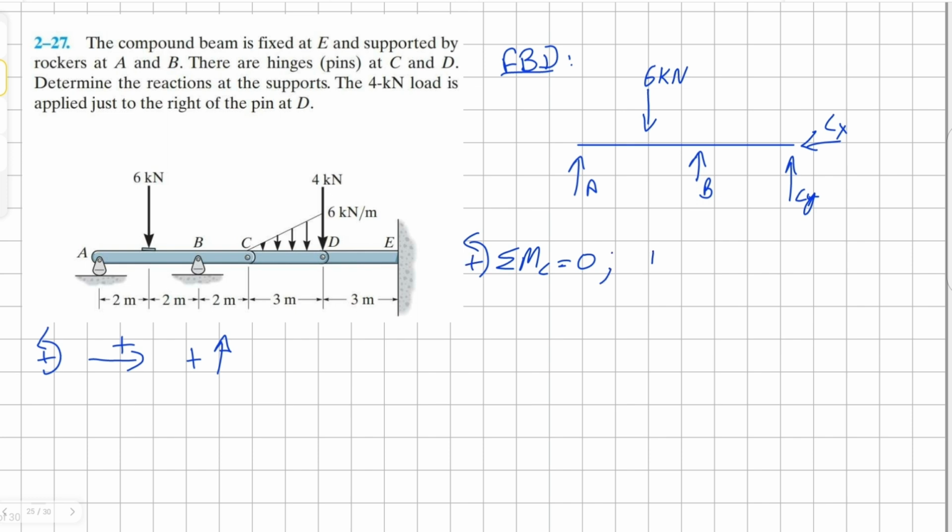First point we encounter is B, which is By. It's clockwise, therefore negative, and it's 2 meters away. Then we encounter our external load. It's 6 and it's 4 meters away from point C. And finally we have our vertical reaction at A, and it's in clockwise direction, and it's 6 meters away, all equals to 0.